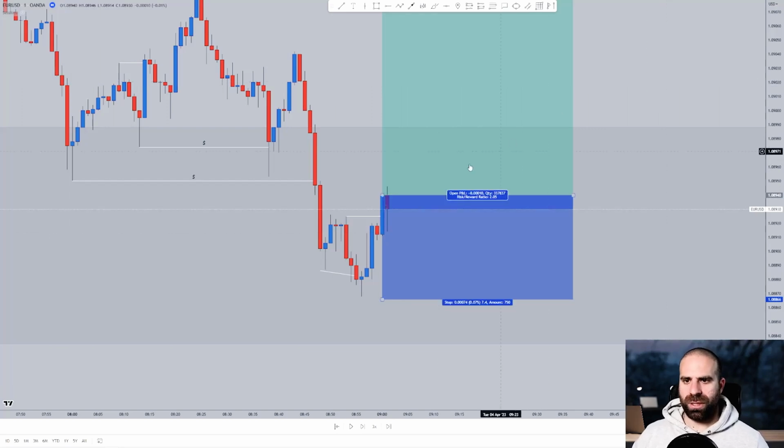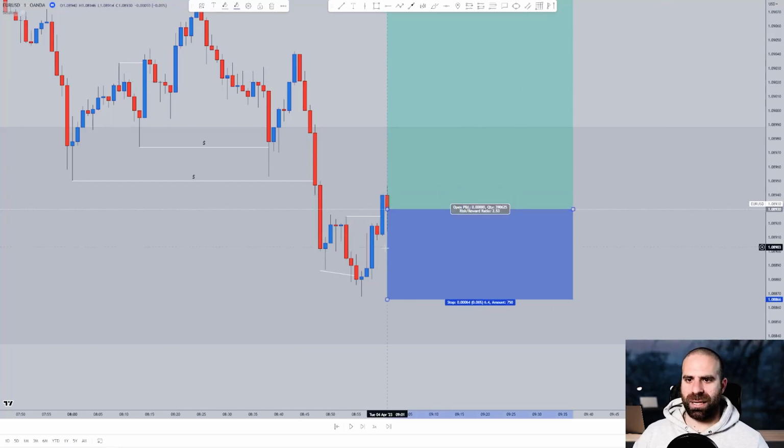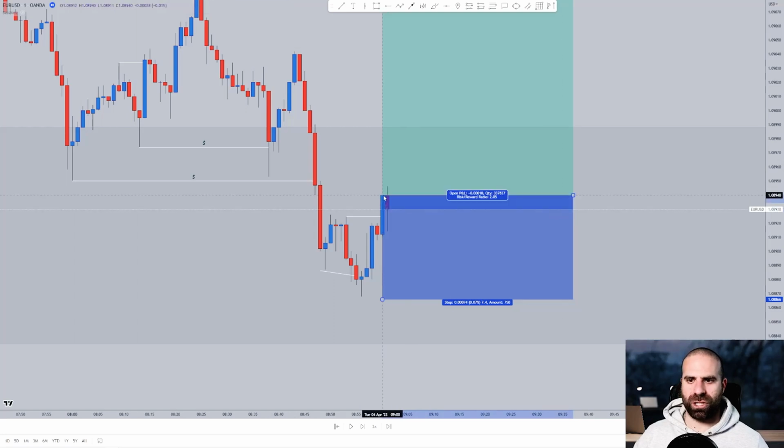Another way that you can do it is wait for a small retracement and enter here, exactly right here as it is right now. Just note down that this retracement might never happen once again. But many times, when you see a very strong candlestick, in this occasion this bullish candlestick, price is gonna come back and retest it at least to the 50% level.